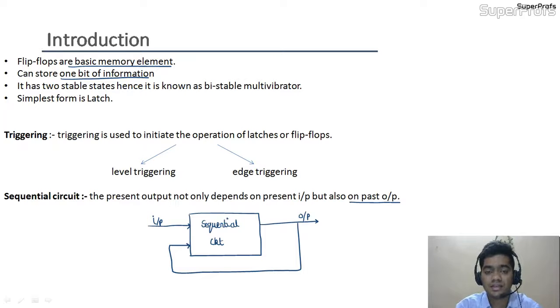Students, logic 1 or logic 0 can be regarded as 1 bit of information. It has two stable states, hence it is also known as a bistable multivibrator. Two stable states means it can store either logic 0 or logic 1.